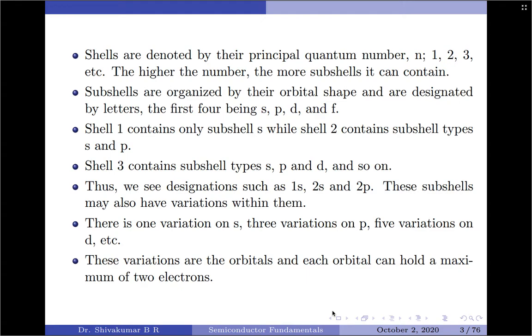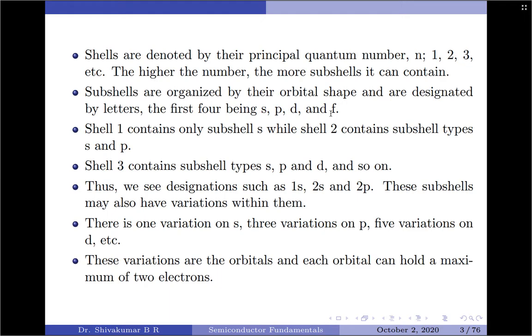Subshells are organized by their orbital shape and are designated by letters, the first four being S, P, D, and F. Shell 1 contains only subshell S, while shell 2 contains subshell types S and P. Shell 3 contains subshell types S, P, and D, and it continues in such a manner.